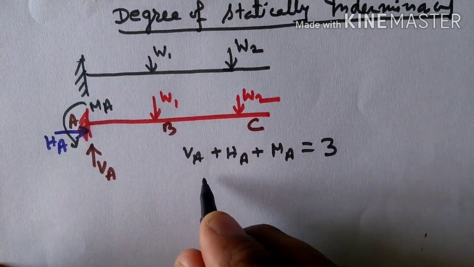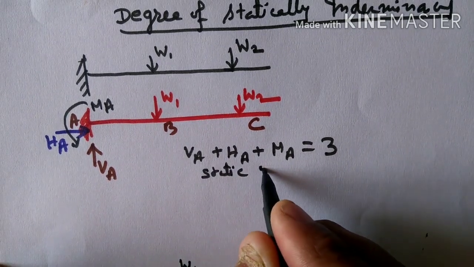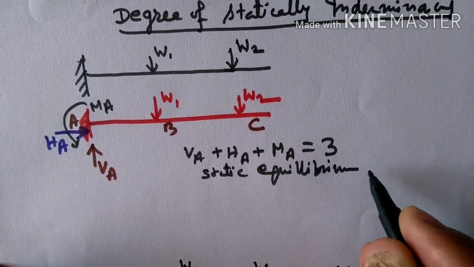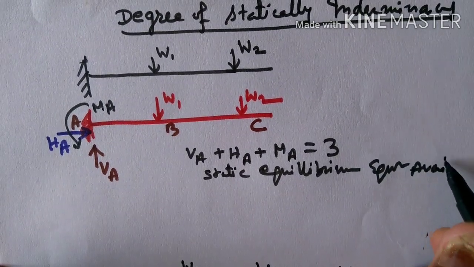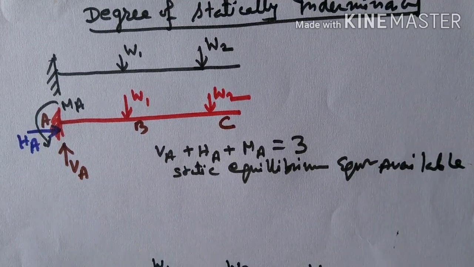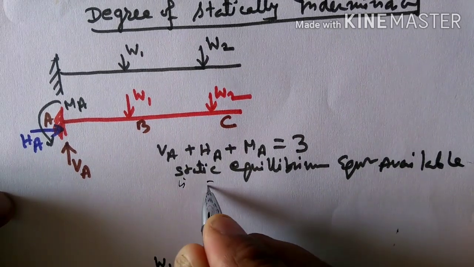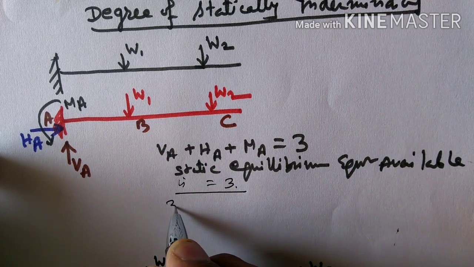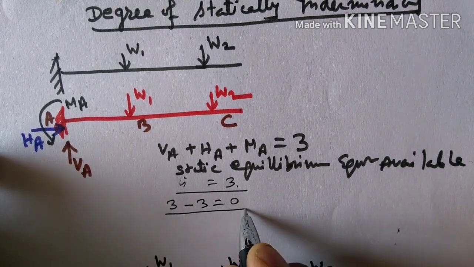And static equilibrium equations available is 3. So 3 numbers of reactions minus 3 equal to 0.